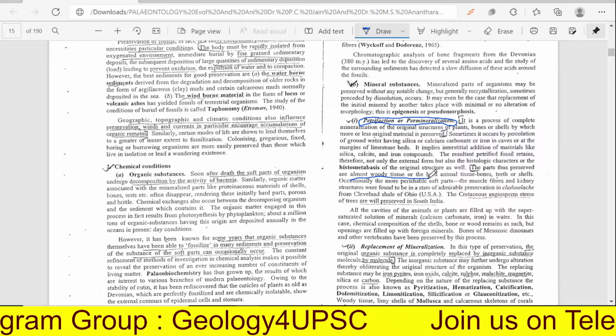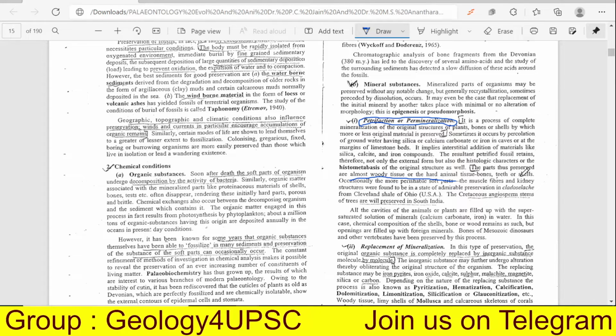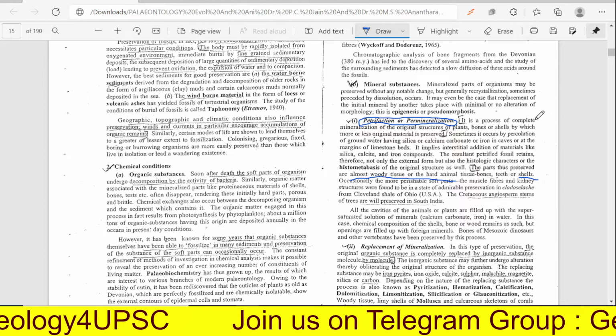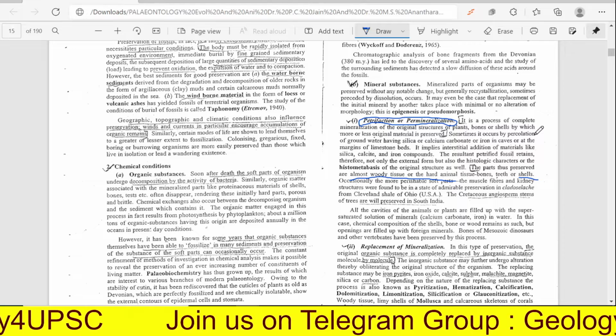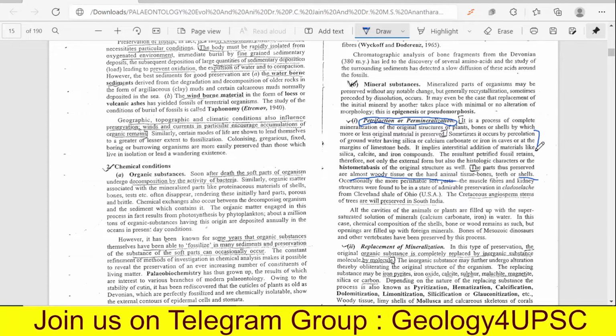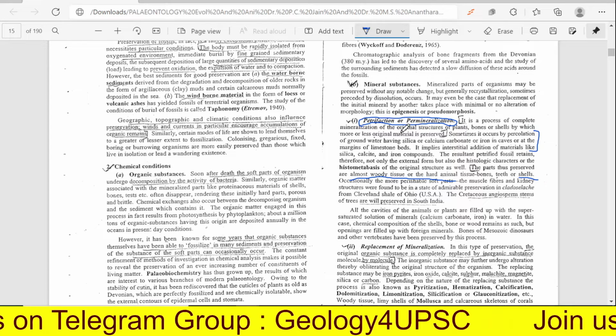It applies to hard tissue like bones or shells. You have to write about the mechanism: percolation of groundwater having silica, which replaces the internal biogenic material and retains the internal structure.